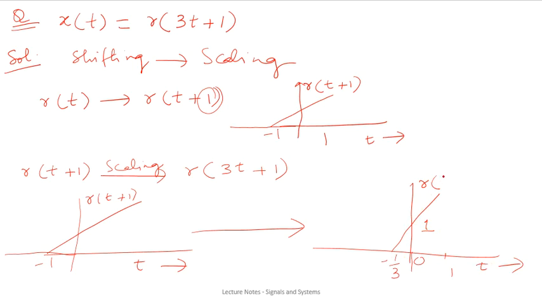So this signal will be r(3t + 1). Obviously the slope of this ramp will also increase, as you might notice from this expression. Okay, so this is how this will be solved.